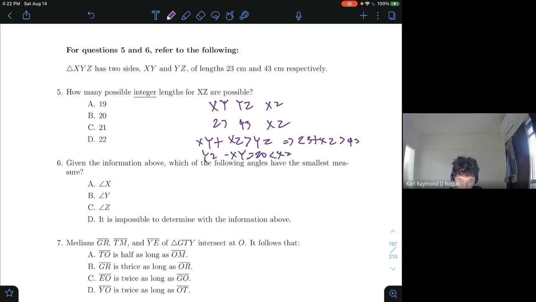Di ba? If we simplify yung mga inequality na 'to, ito lalabas.